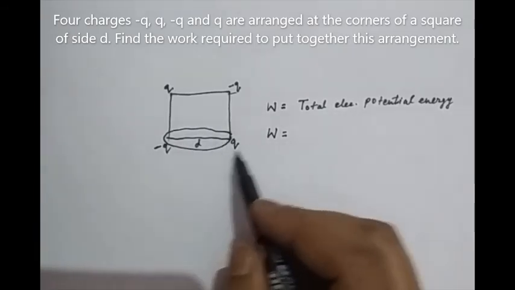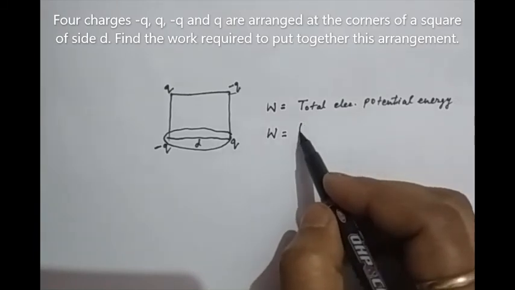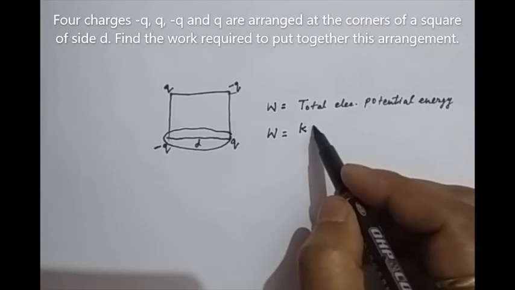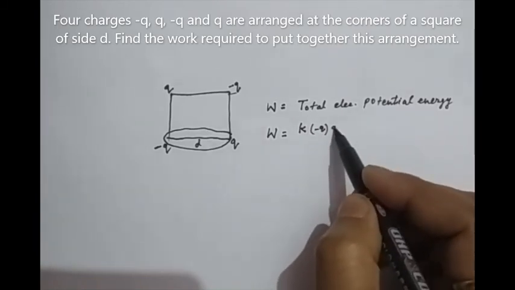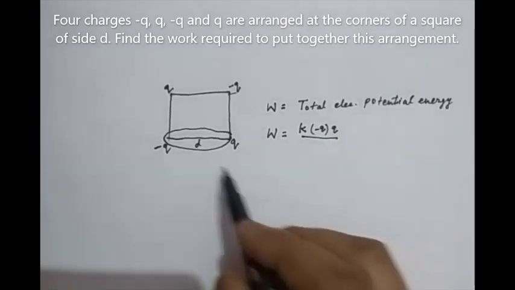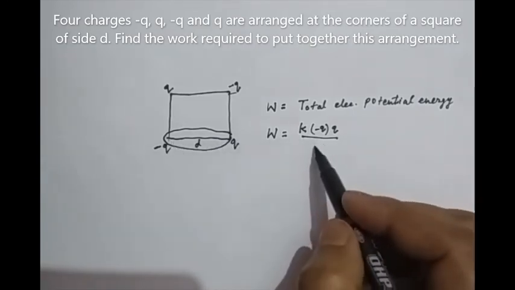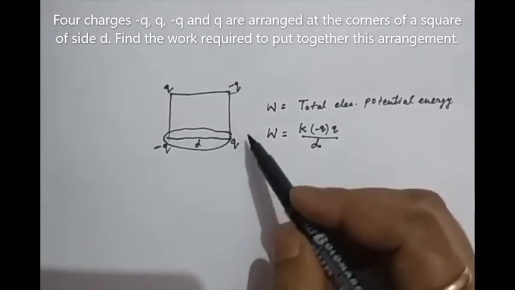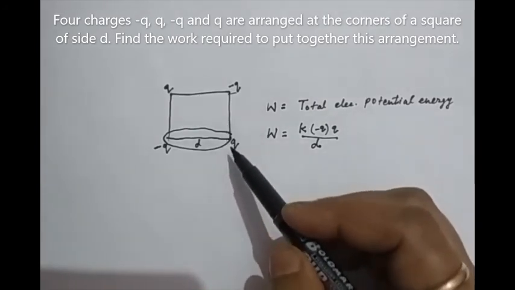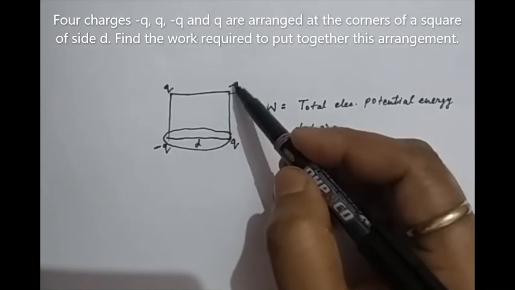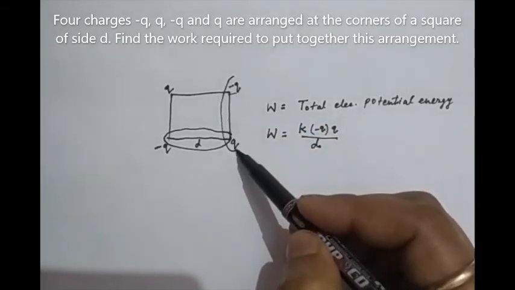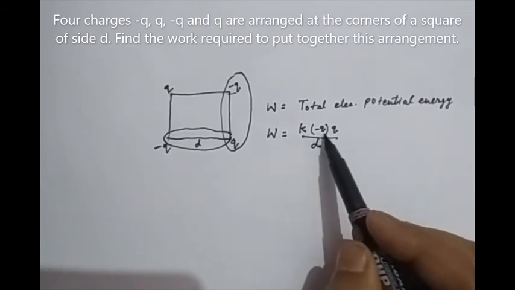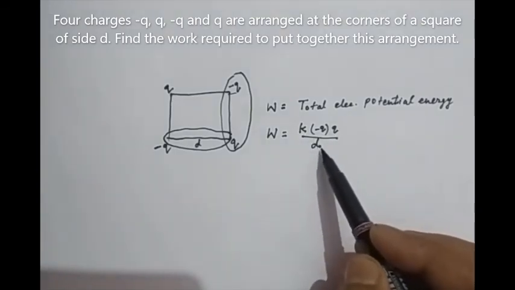We can apply formula K, minus q into plus q by distance between charges d. Similarly, we will find electric potential energy of each pair of charges. For this pair of charges, it is also equal to K minus q plus q by d.